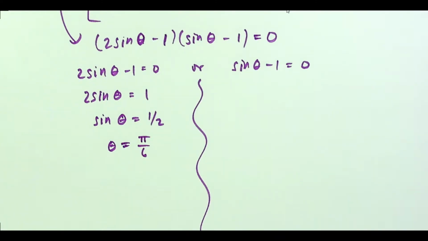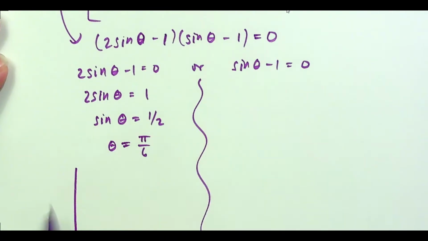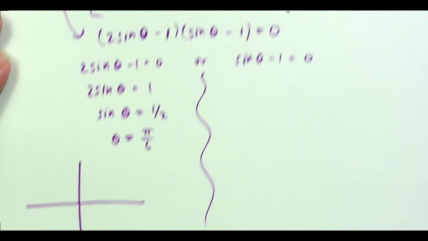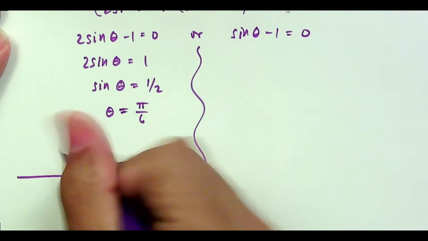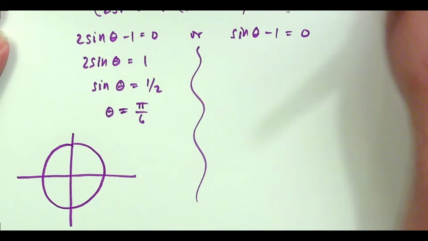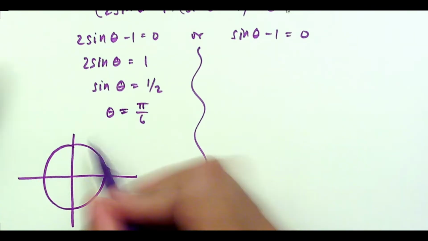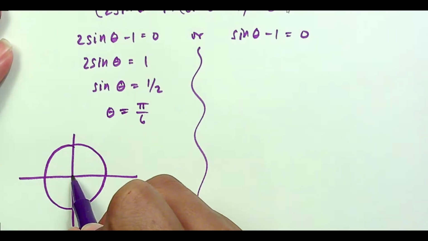Okay, so that's 1. There's usually more than 1, so we're going to try to figure out what's the other one. So draw your unit circle, so we can think of what's the other angle that has sine equal to 1/2. Pi over 6 is right here.